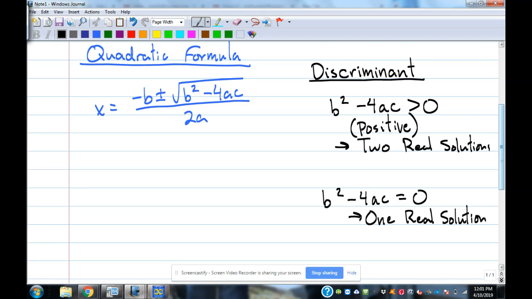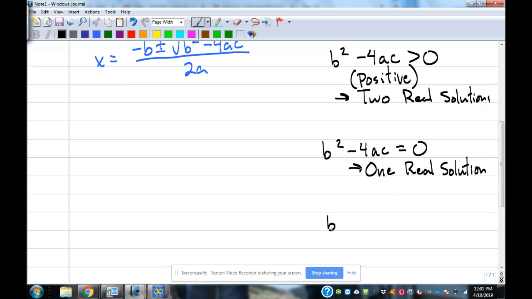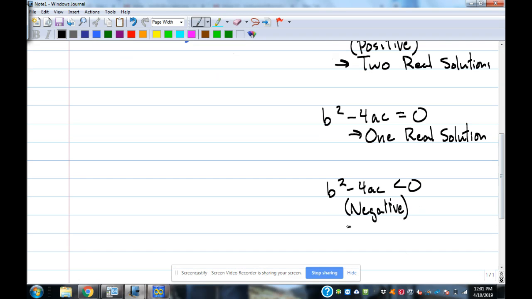And then the last case: if it isn't positive and it isn't 0, what can it be? Negative. So if b squared minus 4ac is less than 0, it's negative, and we have no real solutions.